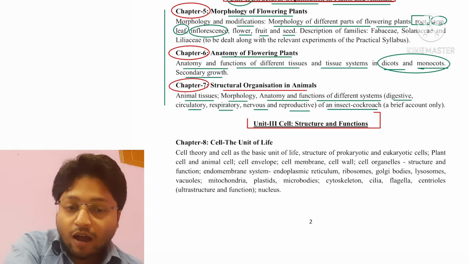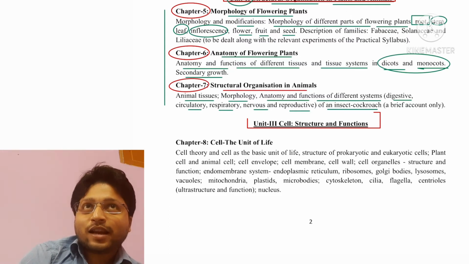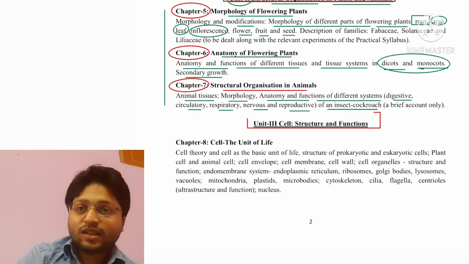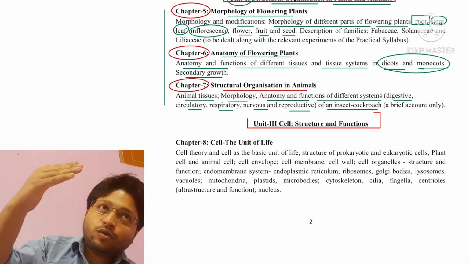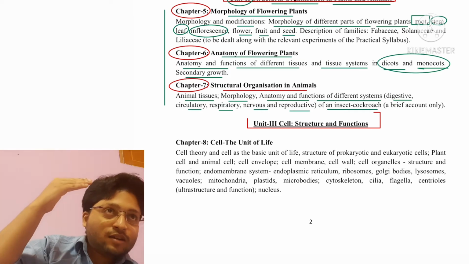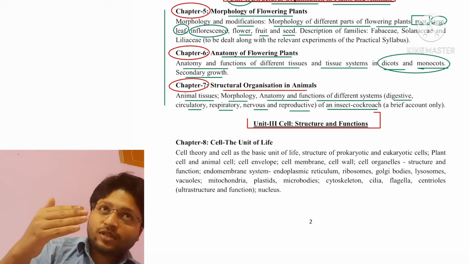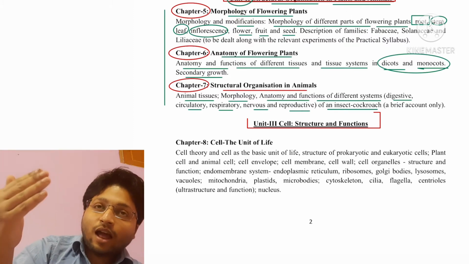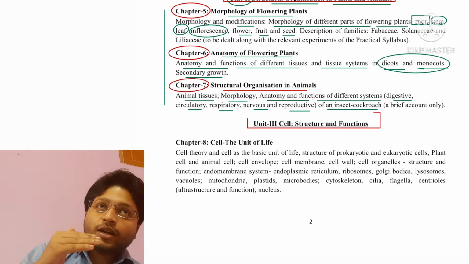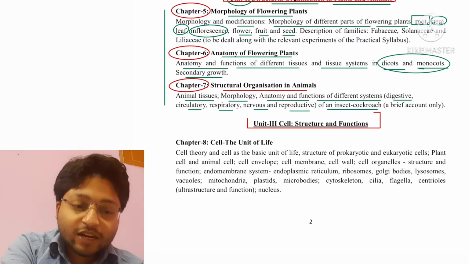So you can understand the orientation of the syllabus, right? First you come to know the diversity of animals, then their structural aspects, and in the third unit we will cover cell structure and function.